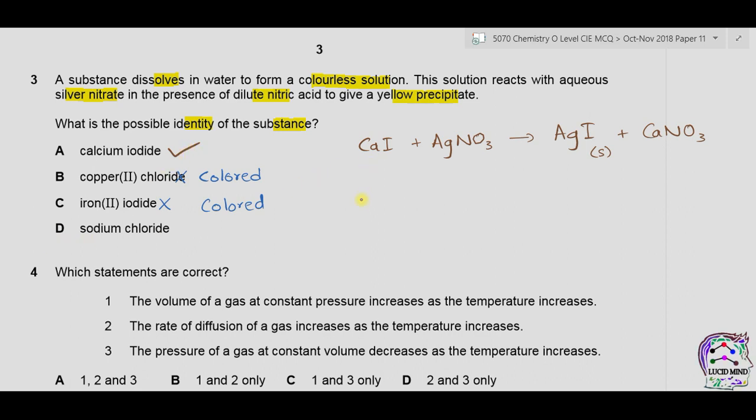With sodium chloride, we can see that it will form a precipitate of silver chloride along with sodium nitrate. Now silver chloride is a white precipitate, so therefore D is incorrect. Correct answer is A.